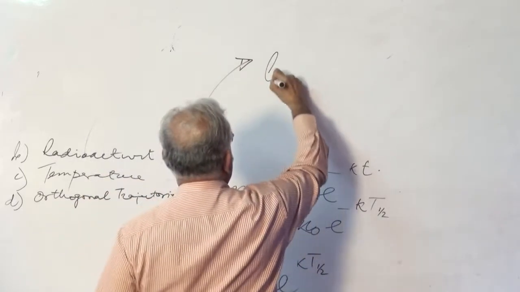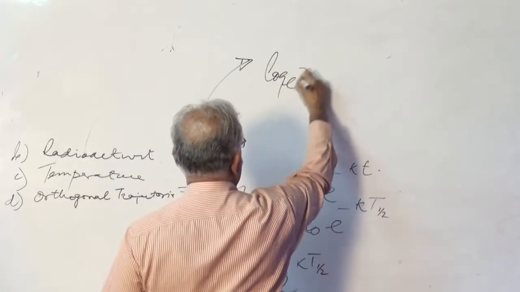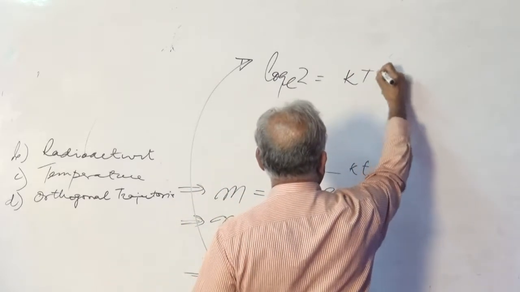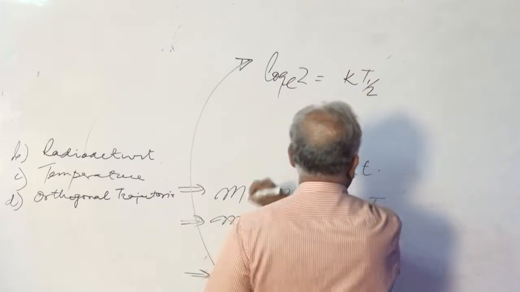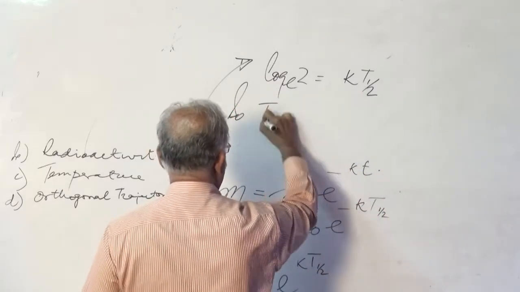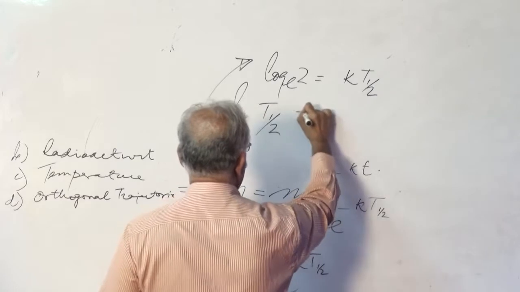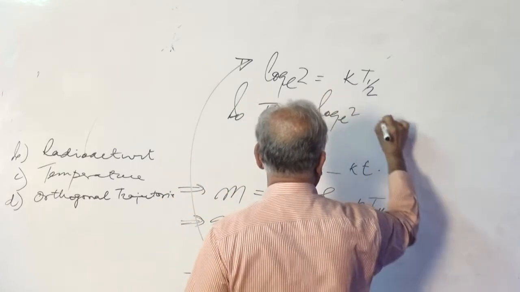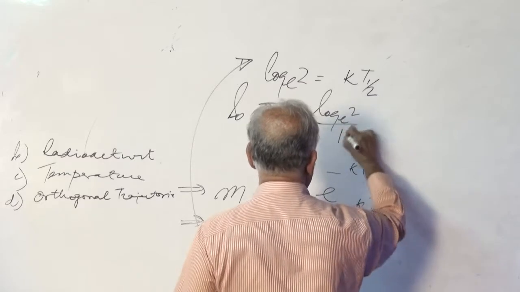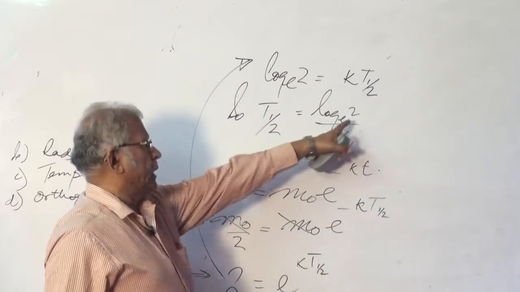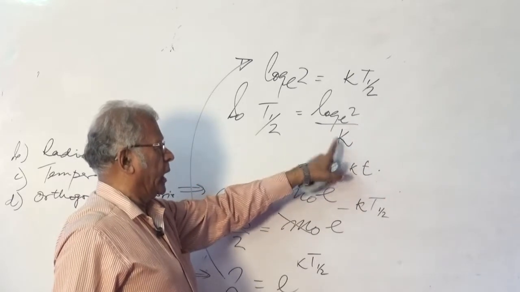Log base e 2 is k t half. So, t half for any substance is log e 2 divided by k. This is log to the base e 2 divided by k.